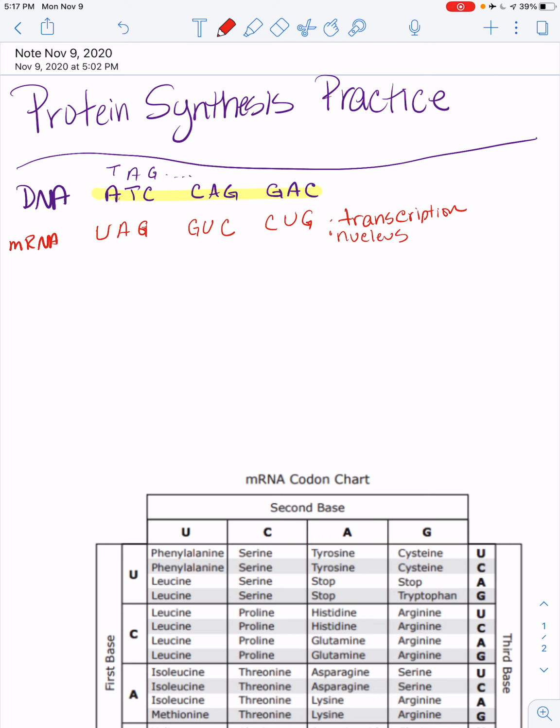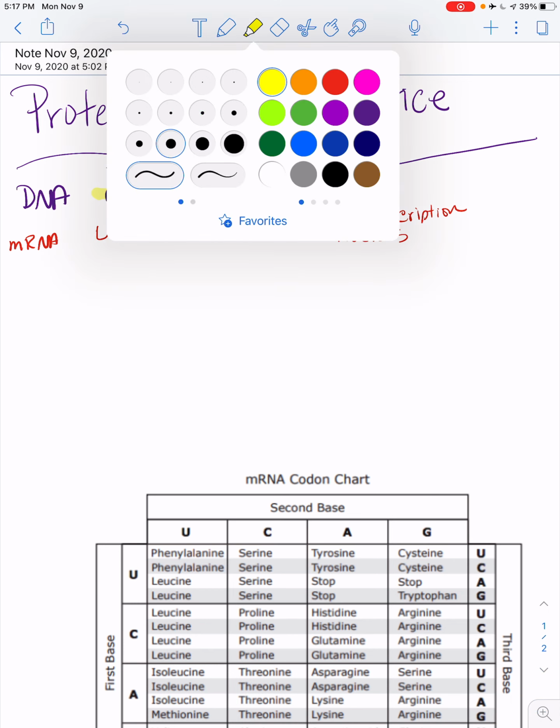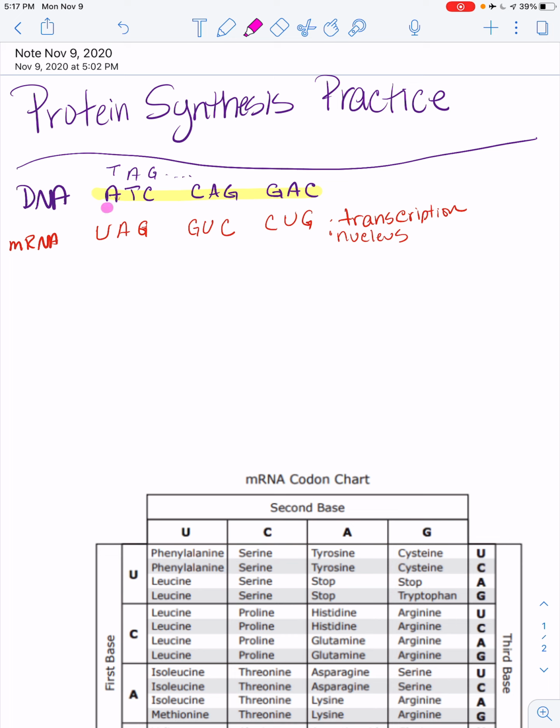All right, so let's kind of go back and let's talk about some terminology. So here in our DNA, each group of 3 is going to be a what? So each group of 3 in DNA is called a triplet.